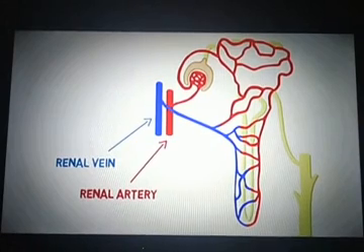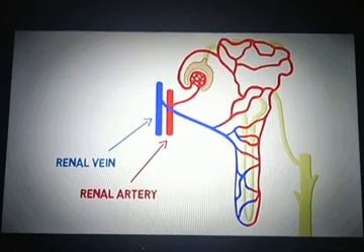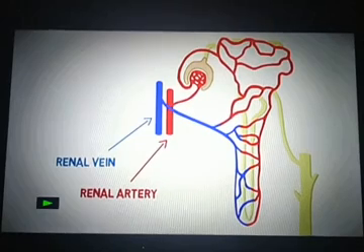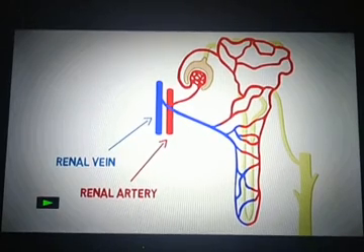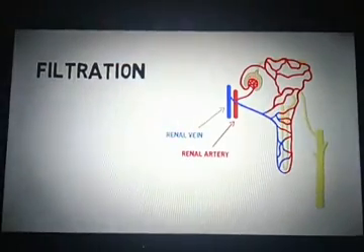That blood gets filtered inside the glomerulus and inside the whole structure of the nephron. Once the blood is purified, it comes out through the renal vein and is again supplied to the body. So here you can see the two different colors: one is the renal vein, and another is the renal artery.